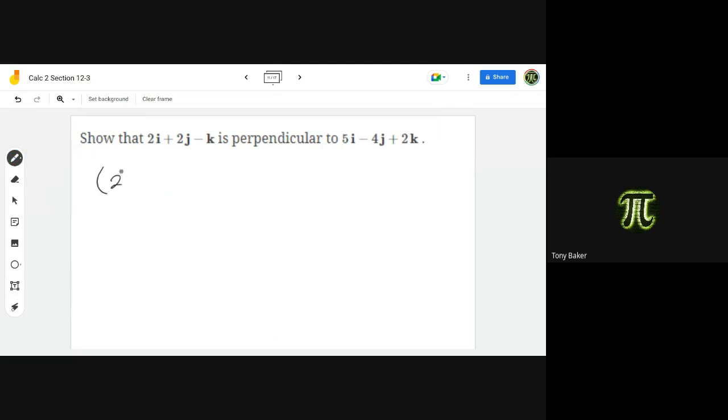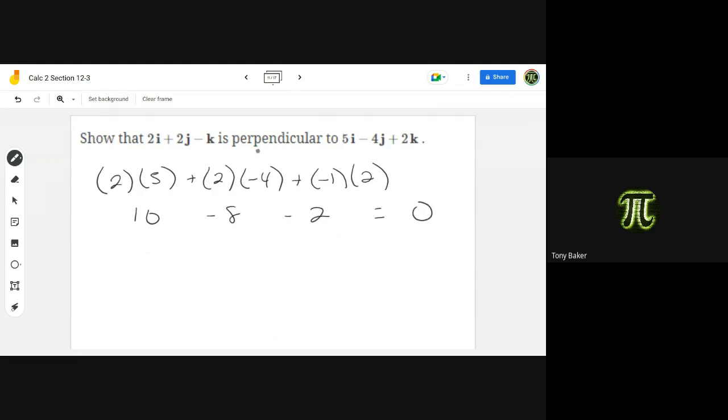So we do 2 times 5 plus 2 times -4 plus -1 times 2. So 10 minus 8 minus 2 is 0. So yes, they are perpendicular. Okay.